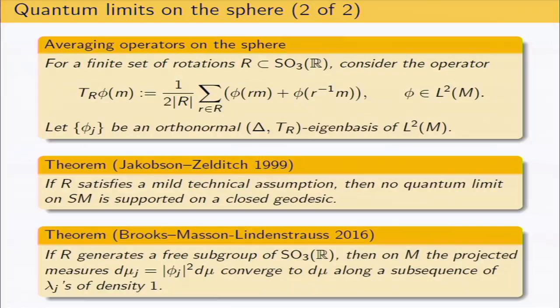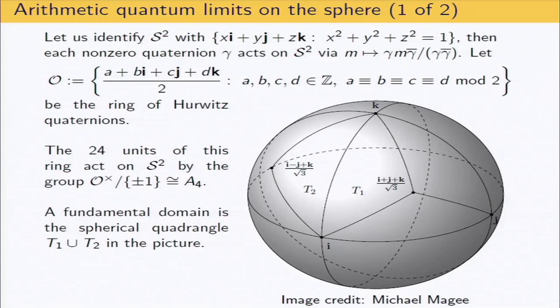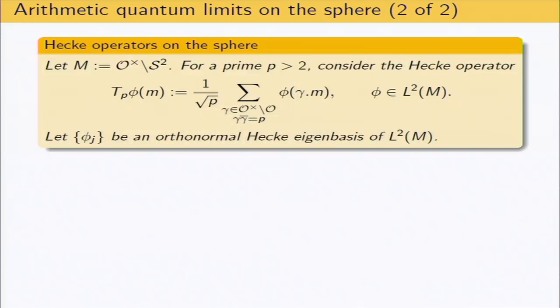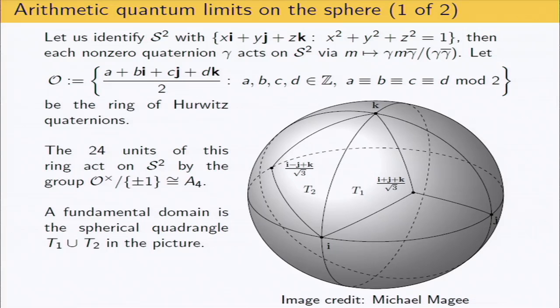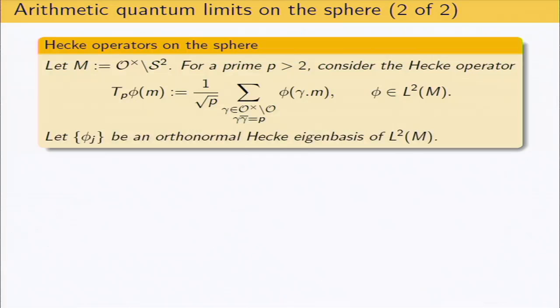Namely, you can arrange these p plus 1 rotations into (p plus 1) over 2 pairs of rotations and inverse rotations. And in fact, in that case, the corresponding R, the set of rotations, does generate a free subgroup because of unique factorization in Hurwitz quaternions. So this theorem by Brooks, Masson, and Lindenstrauss can be specialized to a single Hecke operator.